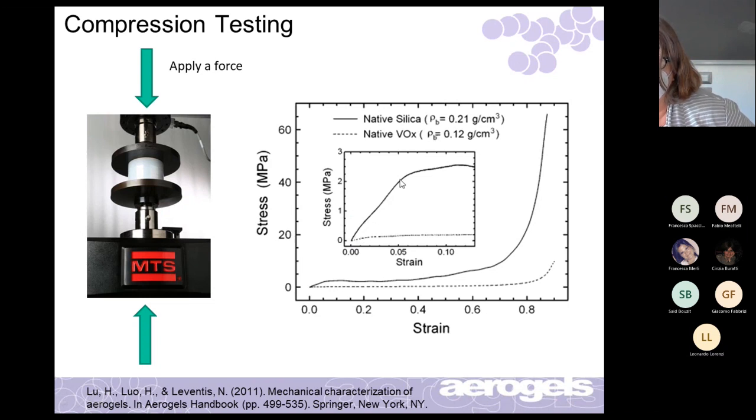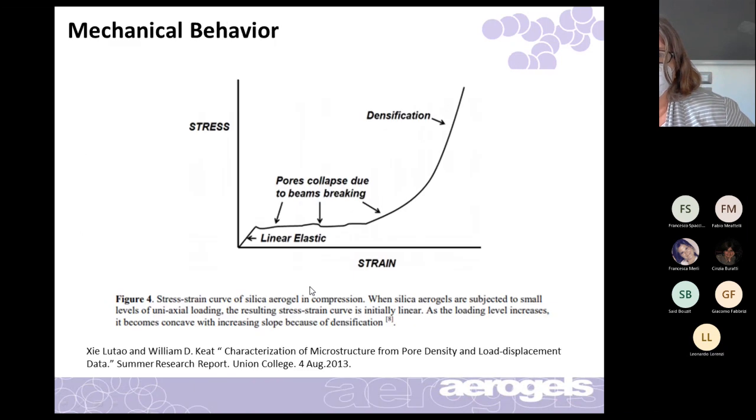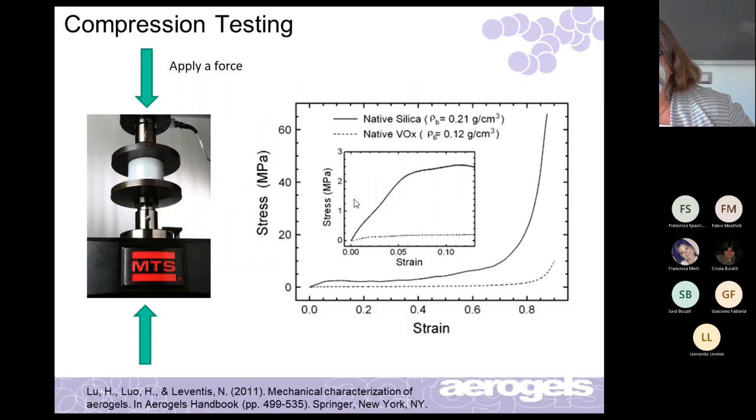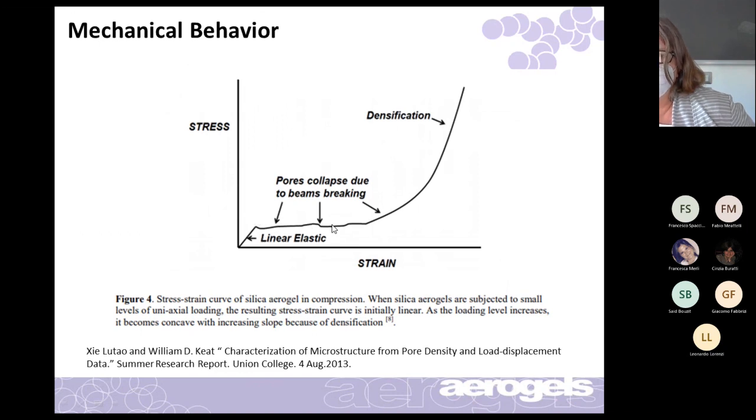So if we look at an aerogel, a description of what's happening is you get behavior that looks a little bit like this. You have a linear region down here. And then you have something going on, which we attribute to the pores collapsing.